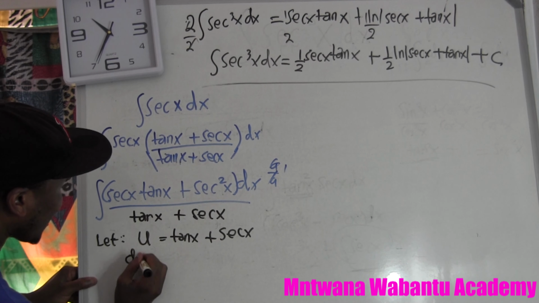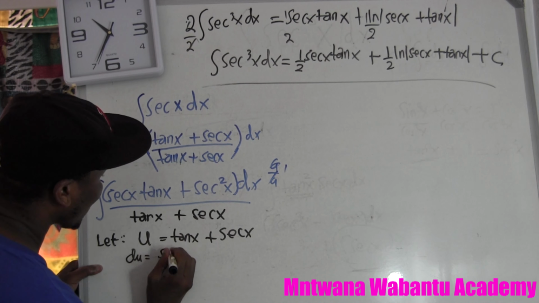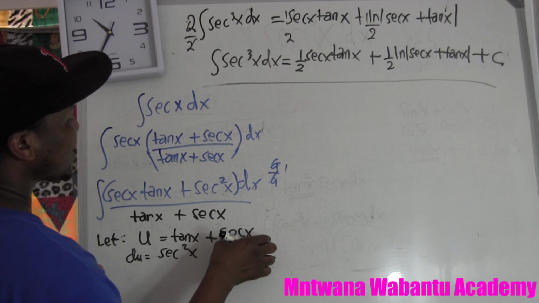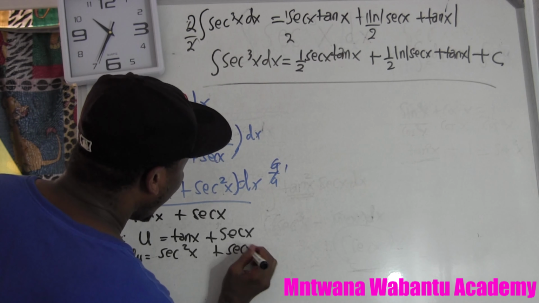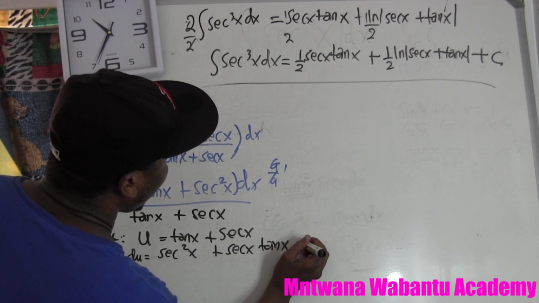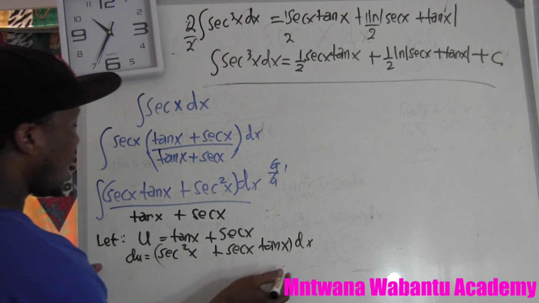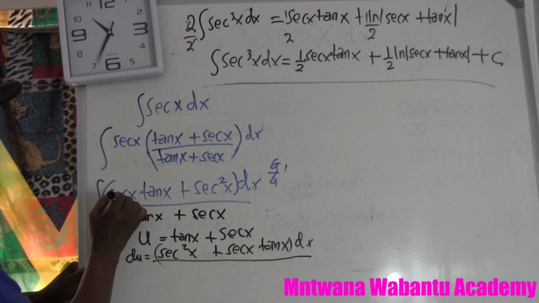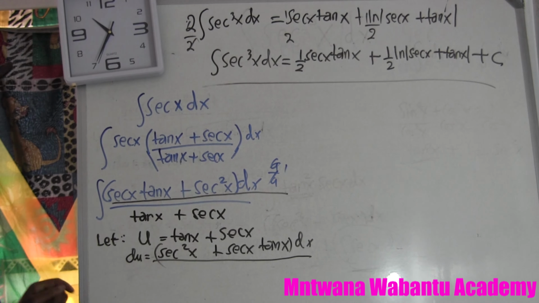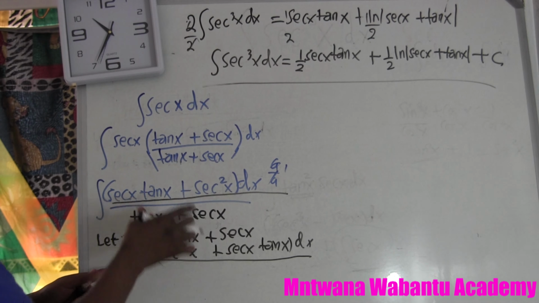When you differentiate tan, it gives you sec squared, and when you differentiate sec x, it gives you sec x tan x, with respect to x. But this one here is this one right here. Can't you see? So all this stuff on top is going to be du, so we can substitute.